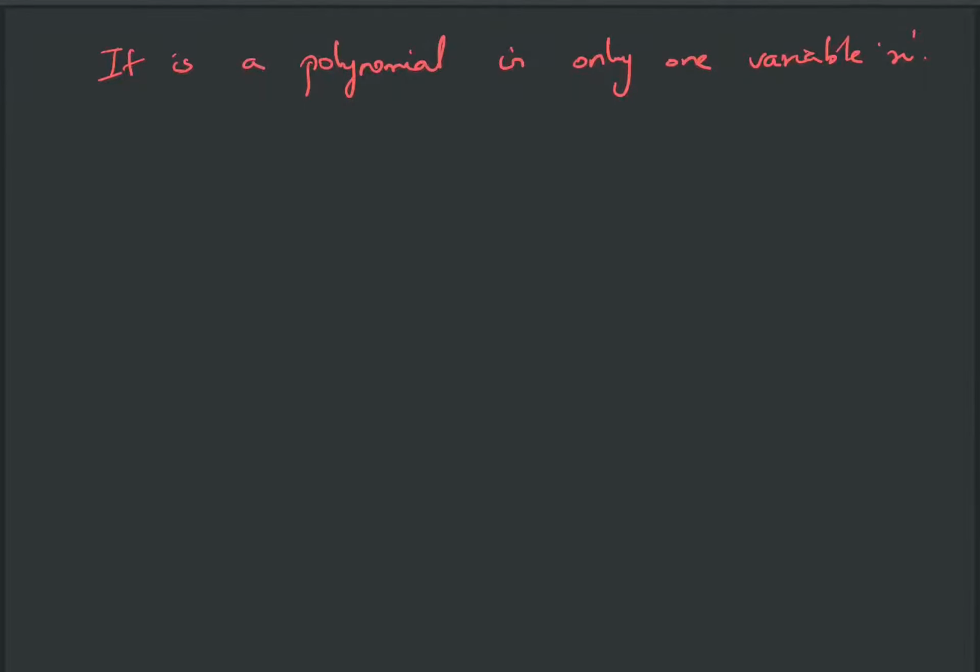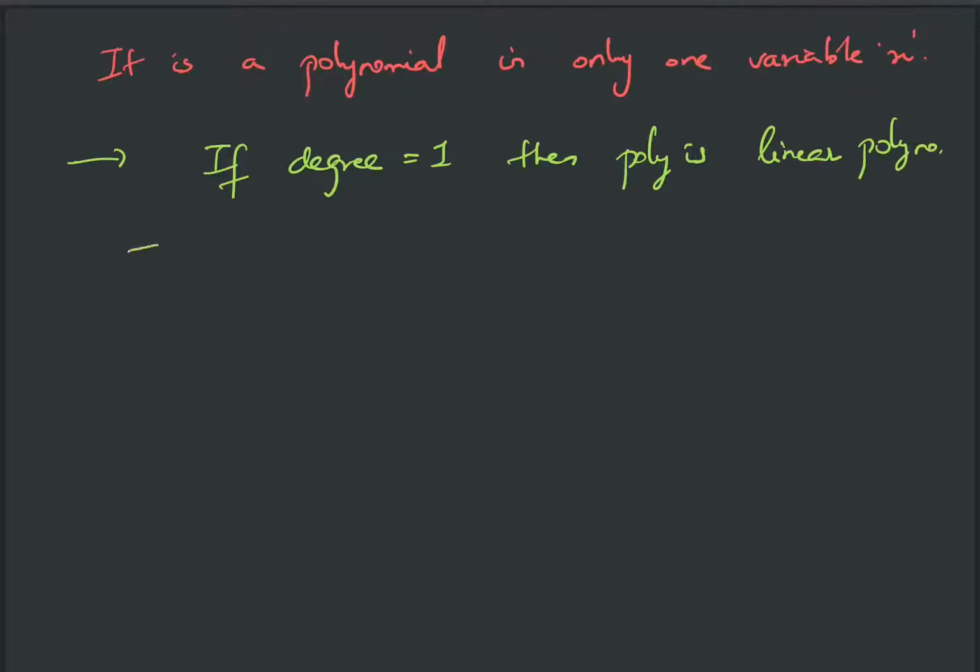So let us try to see some special cases. If degree is 1, then the polynomial is said to be a linear polynomial, right? And if degree is 2, then you can call this polynomial a quadratic polynomial, right?